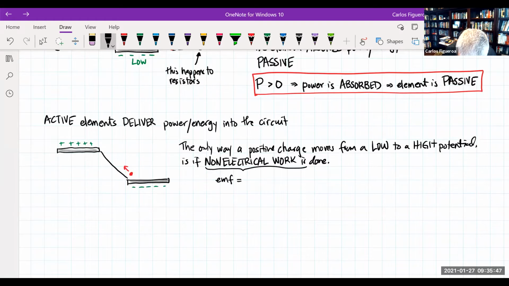So if you're looking at a battery per se, the EMF in the battery is really a chemical potential converted to electrical potential.